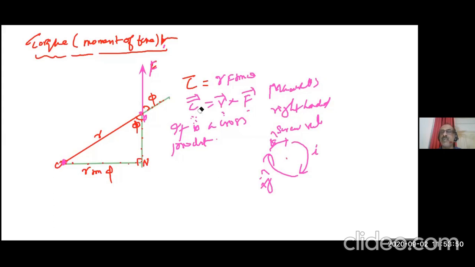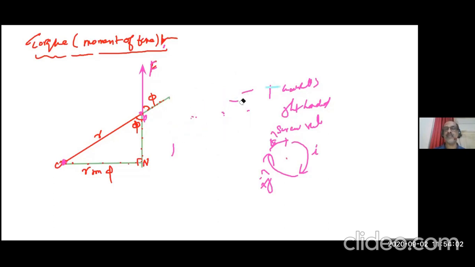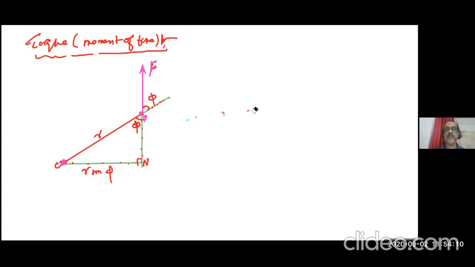The direction of the torque can be obtained by Maxwell's right-handed screw rule. Now, look here. Suppose this is a fixed center point and there are two equal and opposite forces at the two ends.